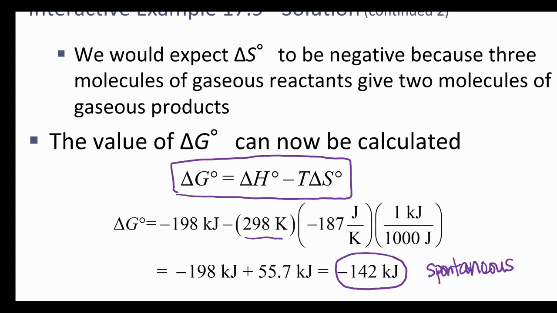So there's the enthalpy, and then here's our entropy value. I'm converting it to kilojoules. If we go ahead and calculate that, that's 198 divided by 0.187.